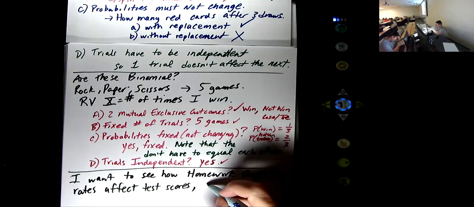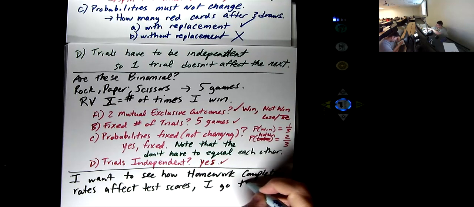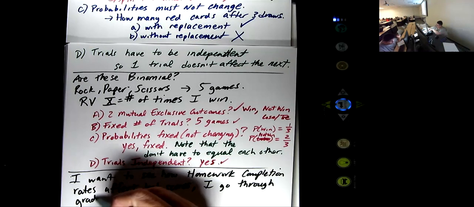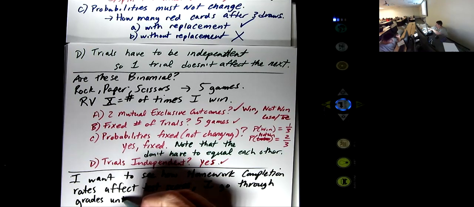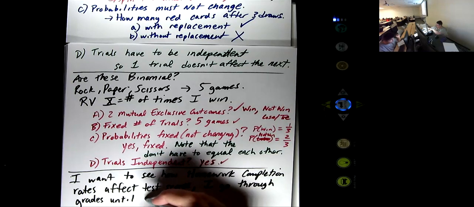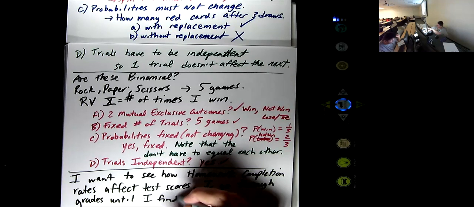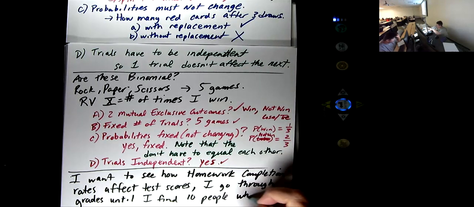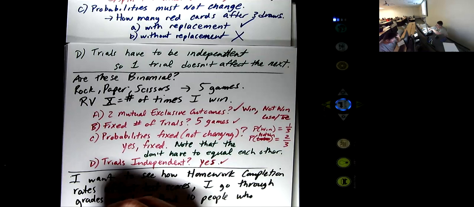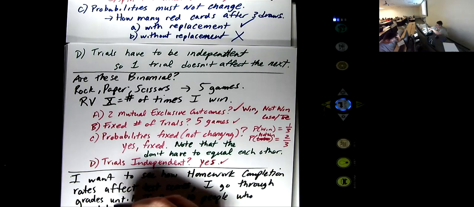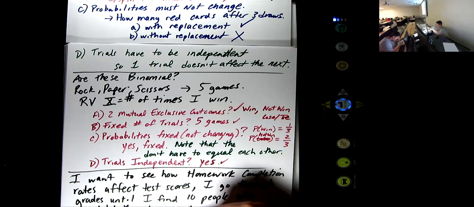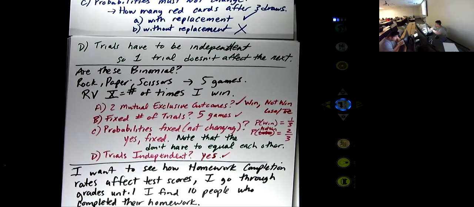So I go through grades until I find 10 people who completed their homework. Is this a binomial distribution?